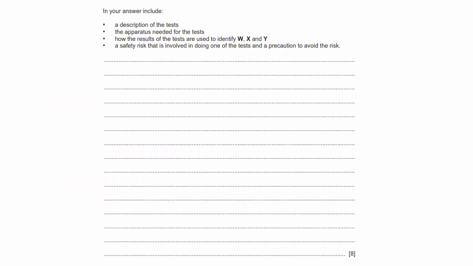Okay, so now we have to describe these tests. We have to provide a detailed description. In our description, we can say let W be an alkene, X be an alcohol, and Y be a carboxylic acid.